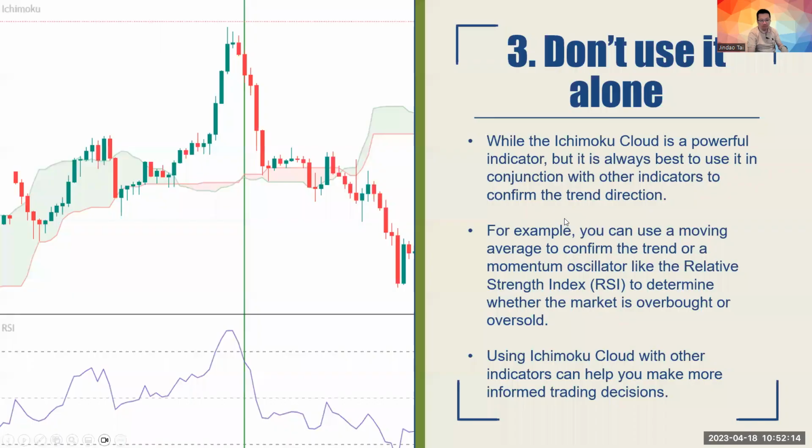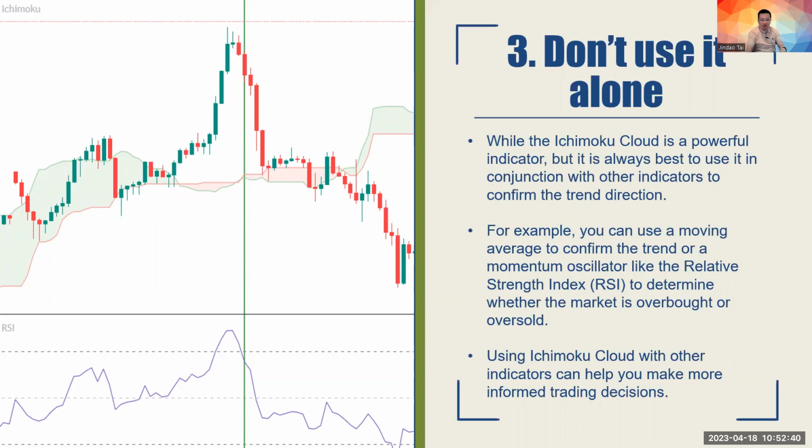The third tip is don't use the Ichimoku cloud or the Ichimoku indicator alone. As much as it's a powerful indicator, it's always best to use it in conjunction with other indicators to help you confirm the trend or to signal to you when trend is changing, when price is possibly going to reverse.